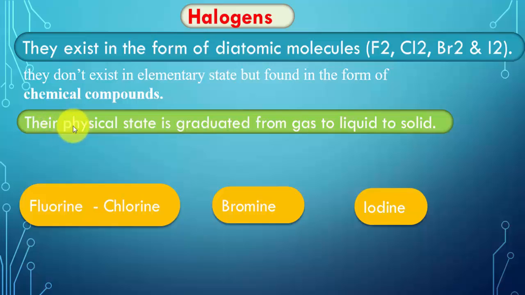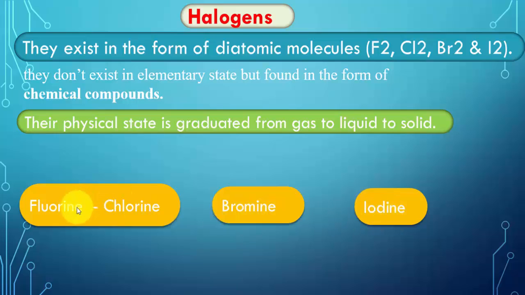Now we are going to study the physical state of halogens. Their physical state is graduated from gas to liquid to solid. We have 4 elements in the halogen group: fluorine, chlorine, bromine, iodine.